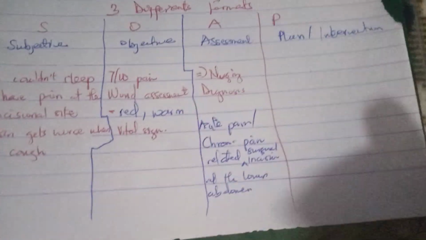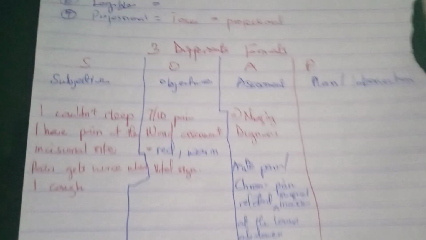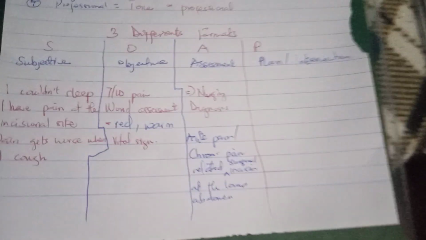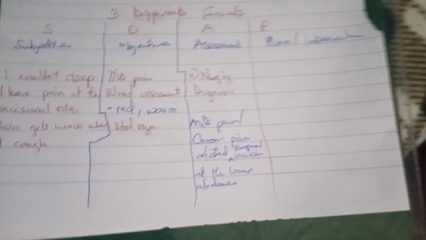Yes. So at this point, based on your subjective and objective data, what are those readings giving you as a nurse? What is your nursing diagnosis? So you state acute pain or chronic pain related to surgical incision at the lower abdomen.